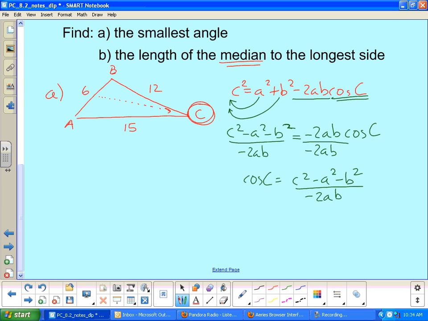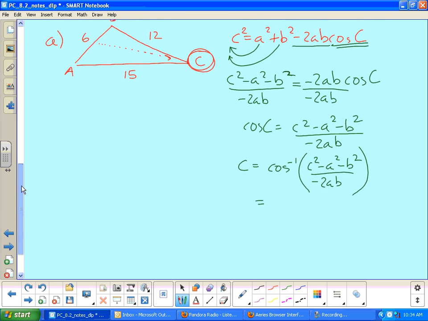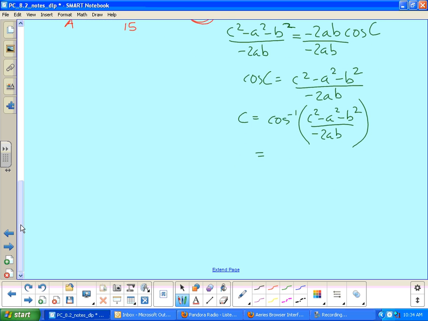Now you could go one step further and solve for the angle C, which means you're doing the inverse cosine of this stuff, and then that will be my answer. So why don't we plug all this stuff in? We're going to take the inverse cosine of, what was my C?